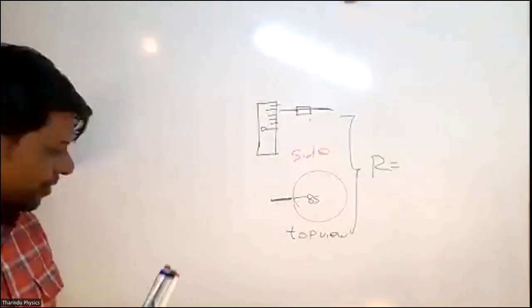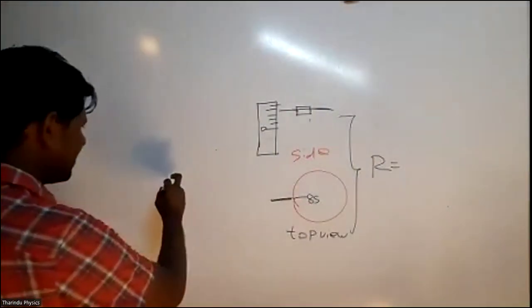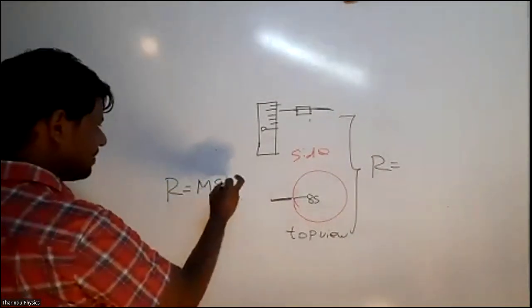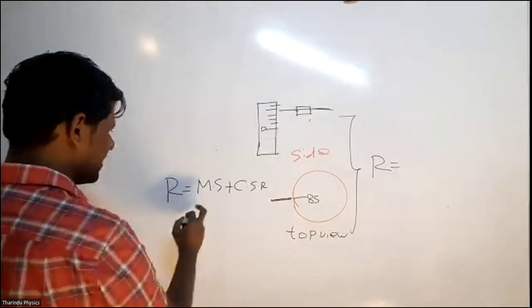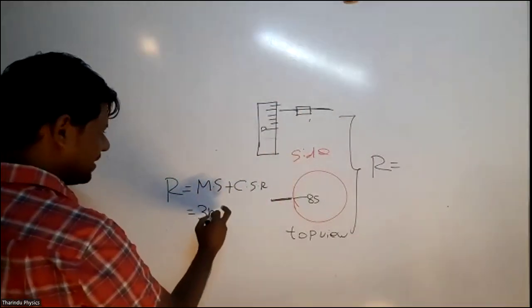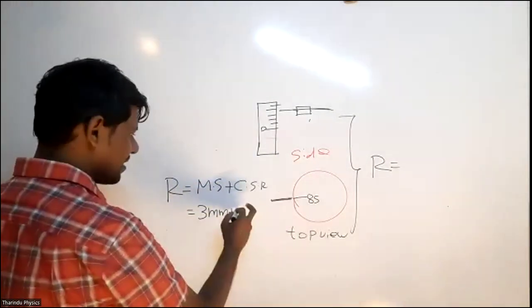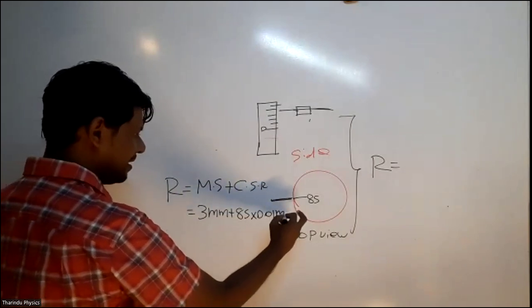Okay, everybody correct. Now see, very simple thing. Reading equals main scale plus circular scale reading. So the main scale is 3 millimeter plus the circular scale is 85 times 0.01 millimeter.